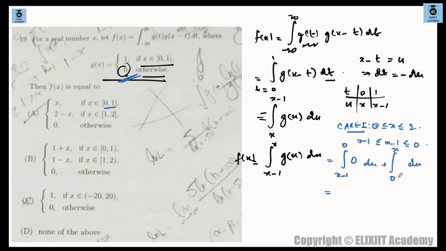And when u lies between 0 and x, it's less than x but more than 0, so this will be 1. Here, this lies between 0 to x, and x is less than 1, so the overall quantity lies between 0 and 1 only, so g(u) will be 1. Next, you simplify this thing. This part is straight away 0, and this is basically the integral of 1 du, which means u, and so x. So this will be x.